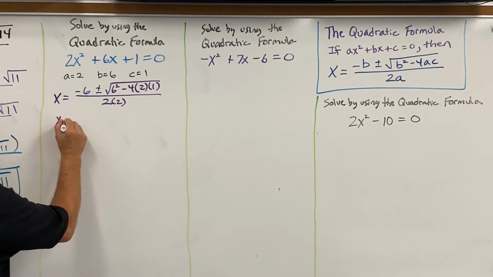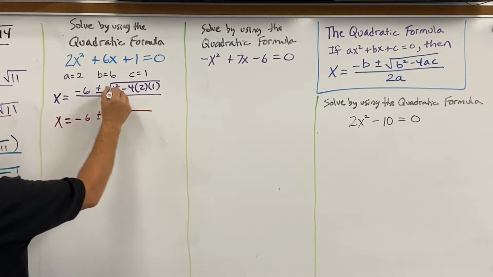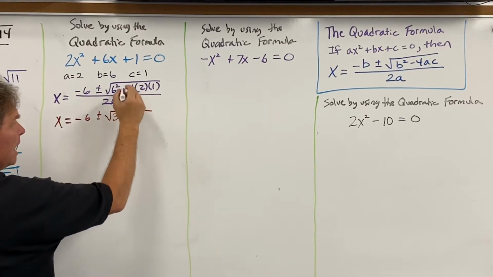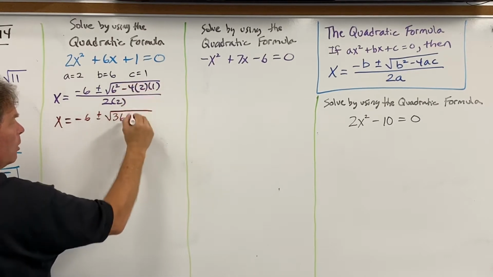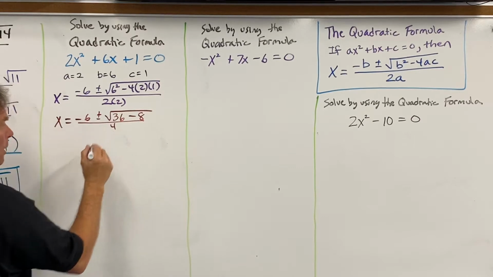Okay, x equals negative 6 plus or minus, I'm simplifying what's under here. 6 squared is 36 minus 4 times 2 times 1 would be minus 8. The whole thing over 4.